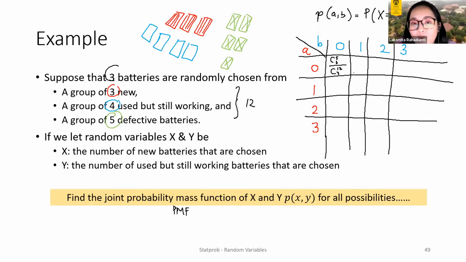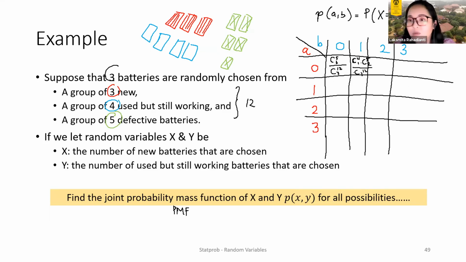So I'm only taking 1, AKA I'm taking a combination of 1 out of these 4, times, remember our multiplication rule, if I have no new batteries, that means the remaining 2 batteries must come from the defective batteries. So here is the combination out of 5 defective batteries, I'm taking 2, over my sample space, and so forth.